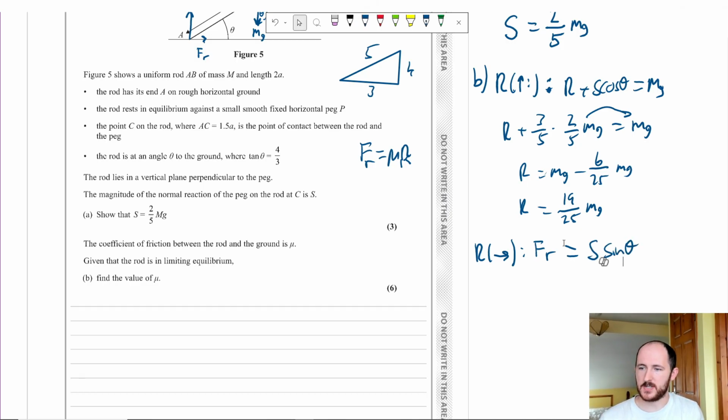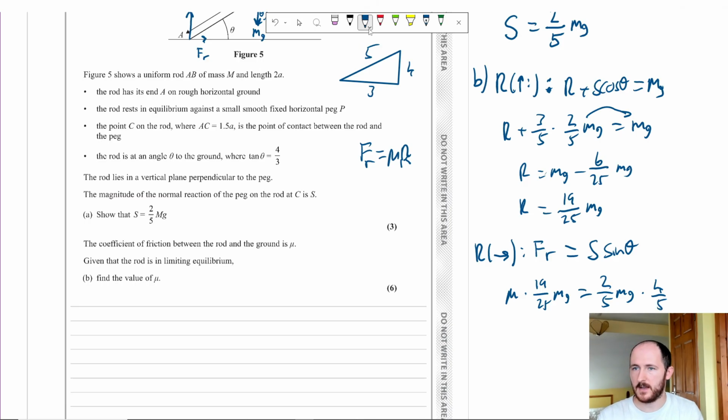So now I could actually sub in mu R into this equation. So we have mu times 19/25 mg equals S, where S is 2/5 mg, sine theta, which is 4/5.